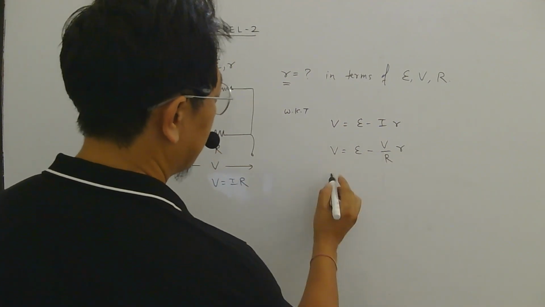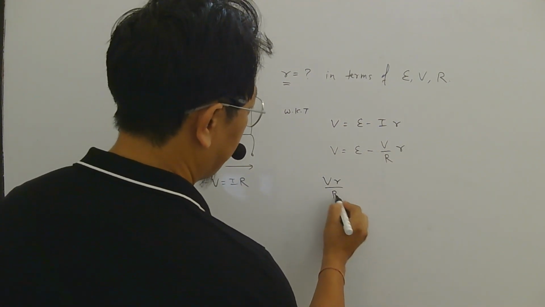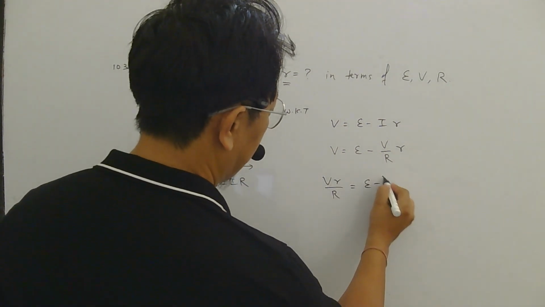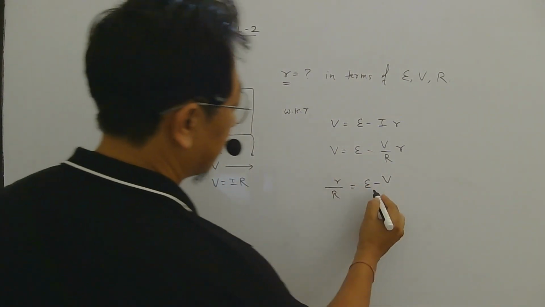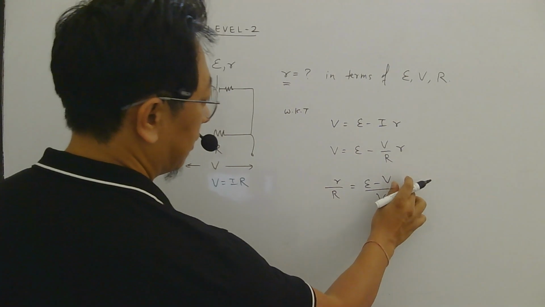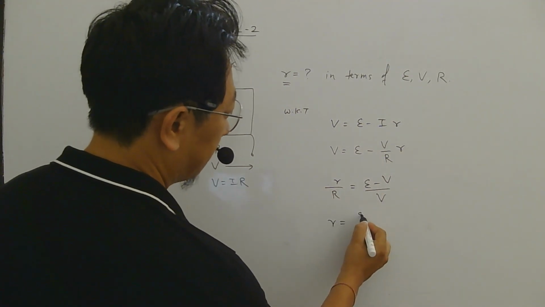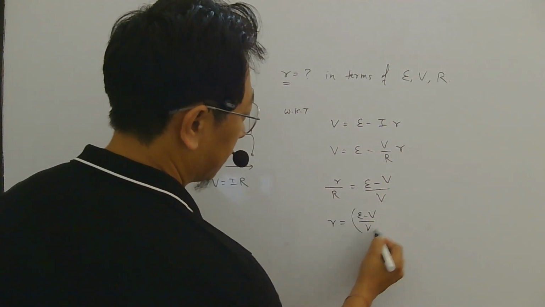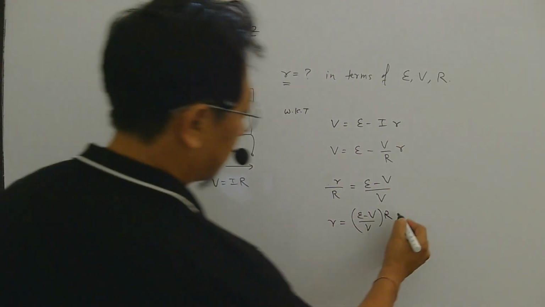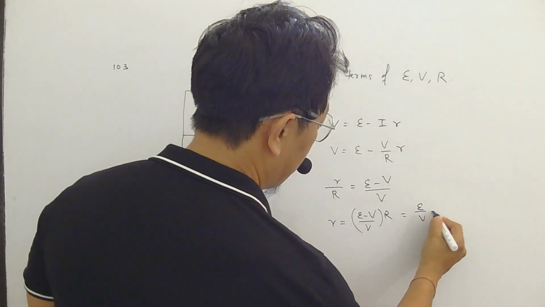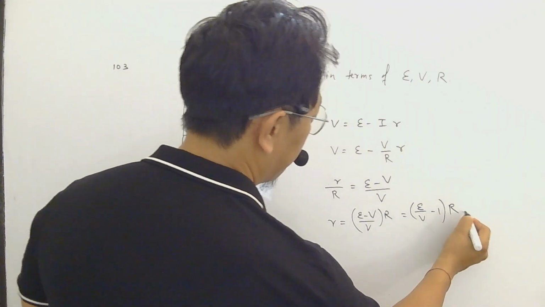If I bring this side, Vr by capital R will be equal to E minus V. Then you divide by V on both sides. Then you cross multiply with capital R. Okay. So that would be your internal resistance, which can be written as (E by V minus 1) into R.